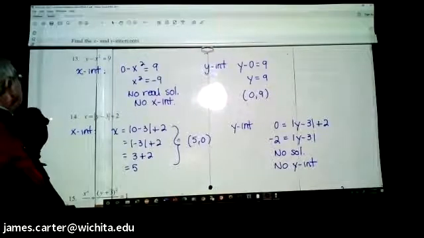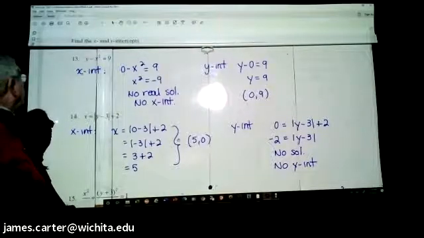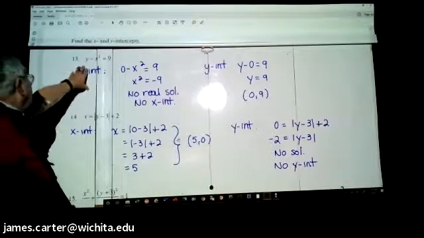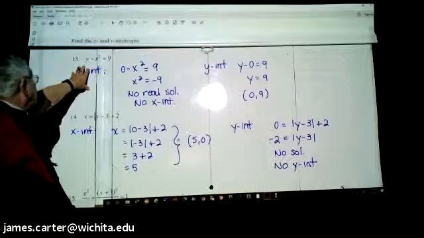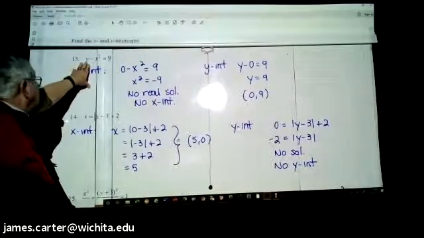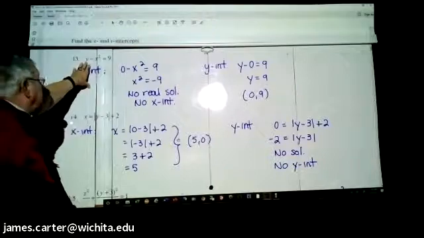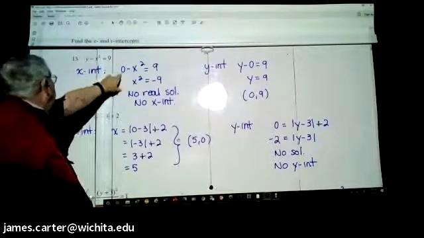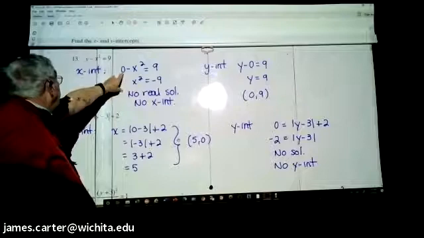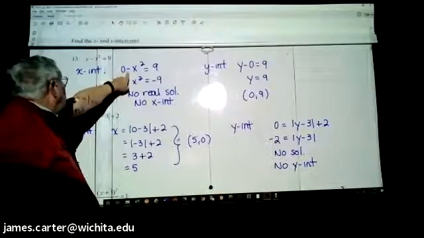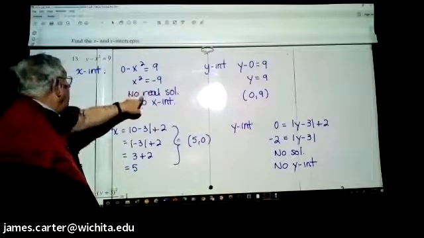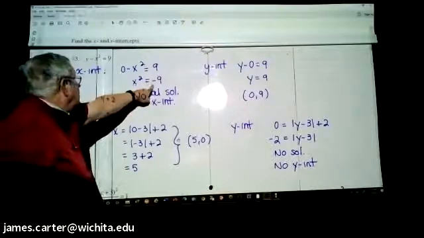Problem number 13. Find the x and y intercepts again. Okay, the process here is to find the x-intercept, you make y equal 0. To find the y-intercept, you make x equal 0. So, to find the x-intercept, we make y equal 0 and solve the equation. x squared equals -9.